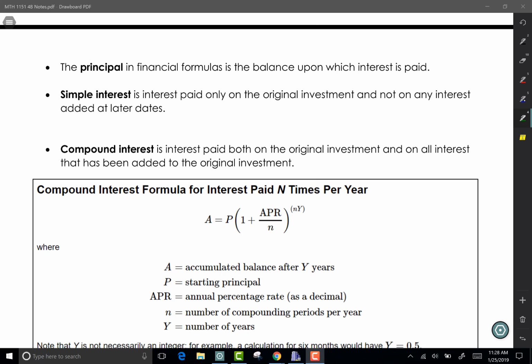The difference with compound interest is that when we calculate interest and add that interest back into the account, and then the next month or the next quarter, or however many times we calculate the interest, when we go to recalculate it, it includes the interest from before plus the principal amount. That's when it's compounding. Again, I want to stress that simple interest is only interest calculated on the original investment.